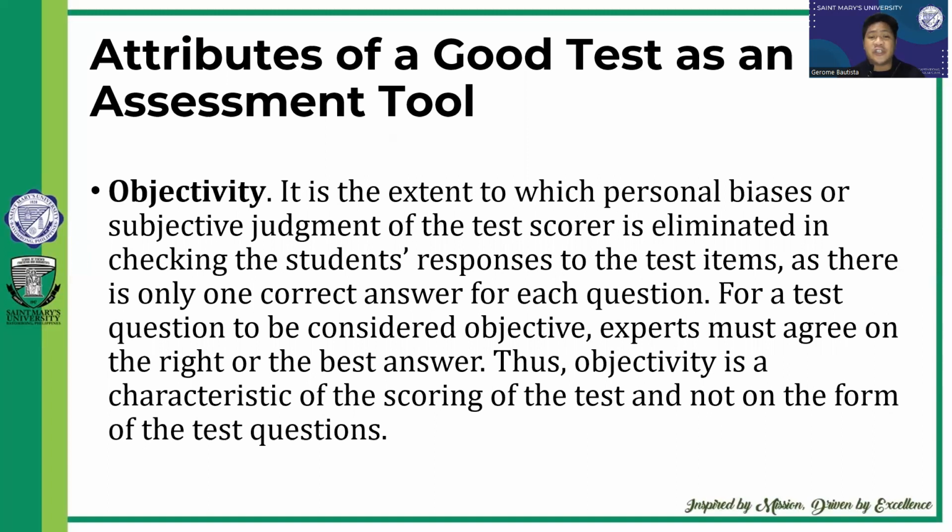For a test question to be considered objective, experts must agree on the right or best answer. It is possible that if the item is confusing, we cannot avoid that, because no matter how much time we allot to prepare our test, we could overlook some parts of it, which could make the item confusing for many students.